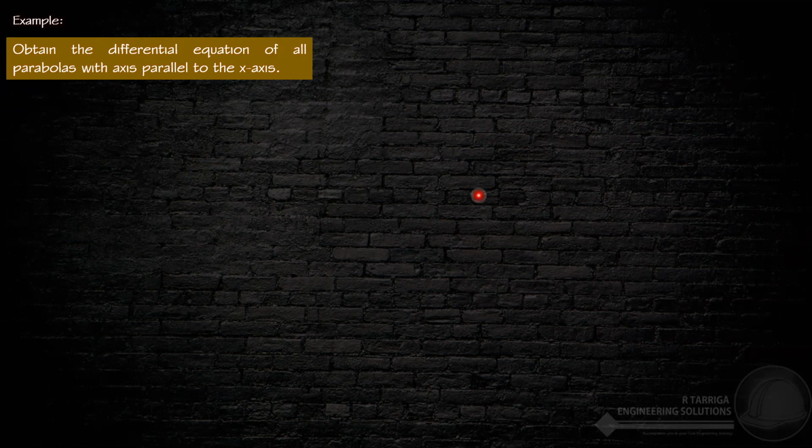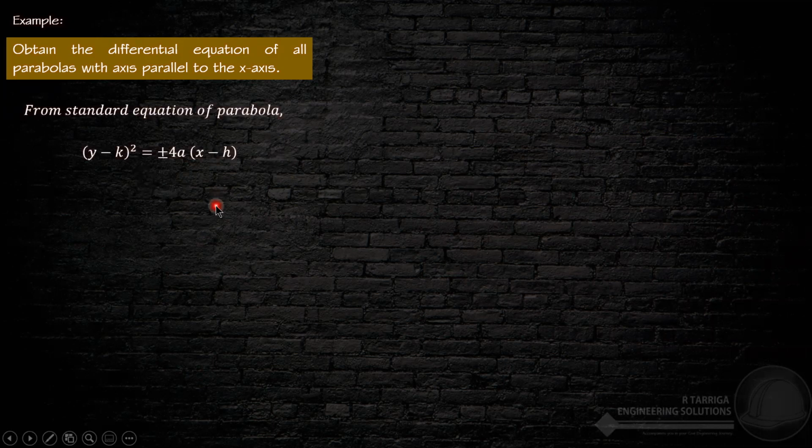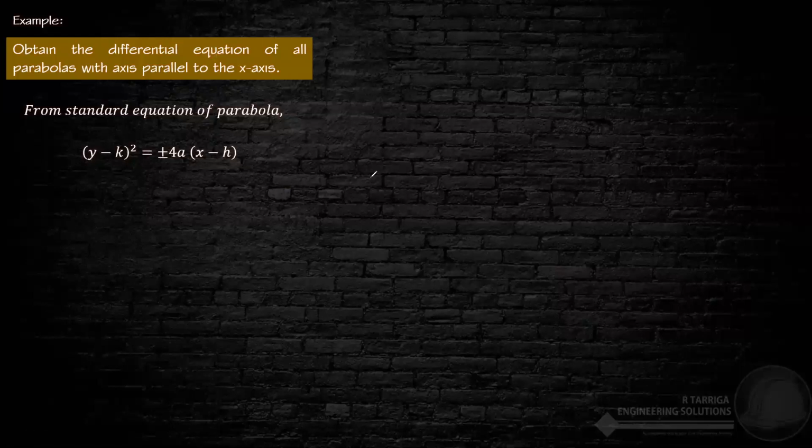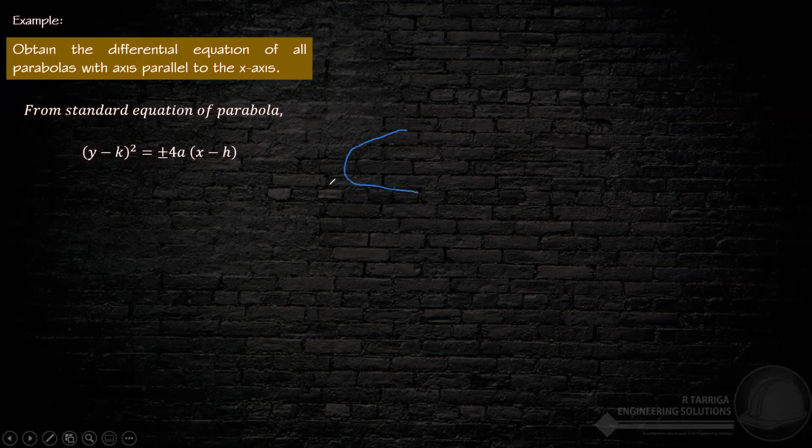So kapag ang parabola opens left or right, the standard form to that is ito. No? (y − k) quantity squared because again, ang itsura ng opening yan is whether pag ganito or pag ganyan. Magiging opens to the right siya if positive 4a.